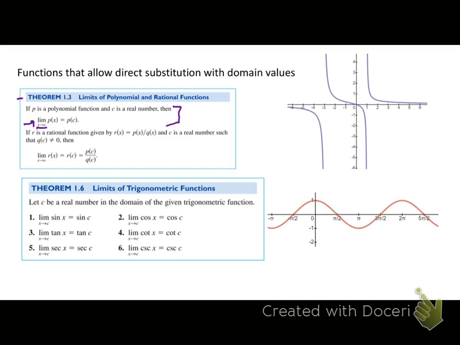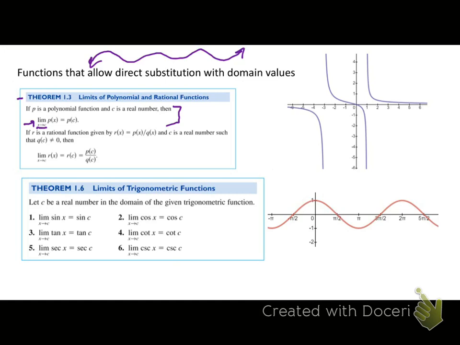you should know from college algebra that any polynomial function, regardless of its degree, is going to be continuous and have no problems, as in no domain restrictions.